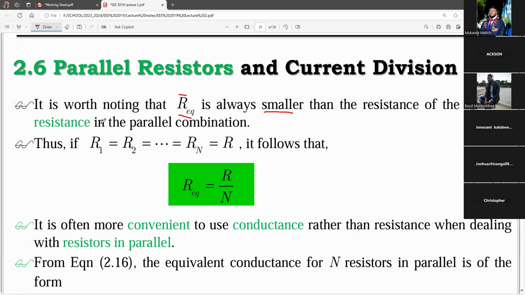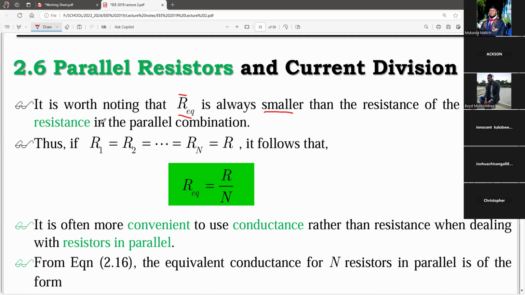But then equation 2.17 just tells us that if you have 5 resistors connected in parallel and their resistances are the same, then to find the equivalent resistance, you just divide the resistor value by the number of those resistors, because they have the same value.